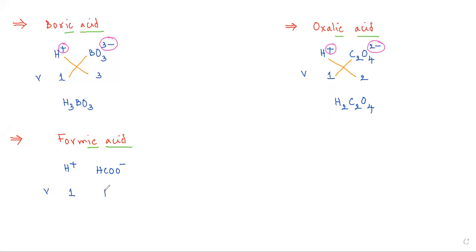Valence is 1 here. Valence is 1 here. Okay. 1, 1. Come on. This has to be written in this format. First the anion, then the cation. Little bit interesting, formic acid. Normally we write the cation first and the anion after that. But here it is a little different. Something exceptional.